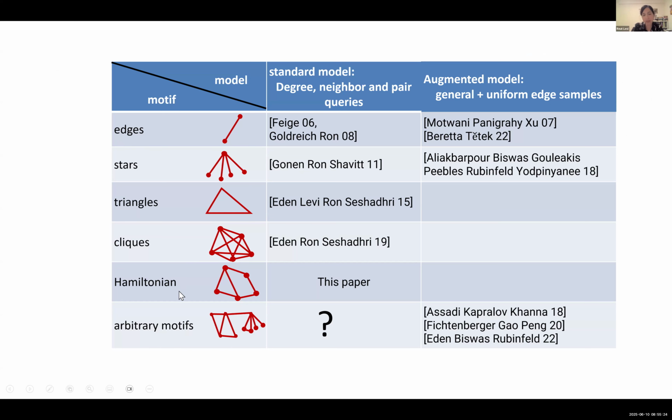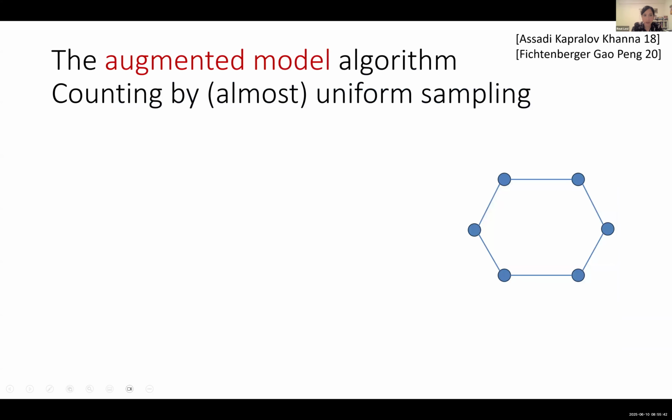And in this work, we extend the family of motifs that can be counted in sublinear time to every motif which is Hamiltonian, namely any motif that has a Hamiltonian cycle in it.